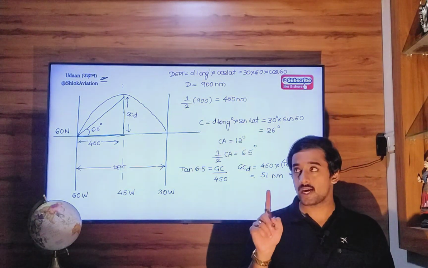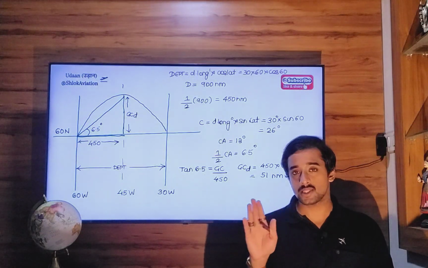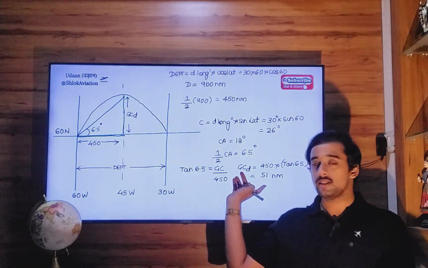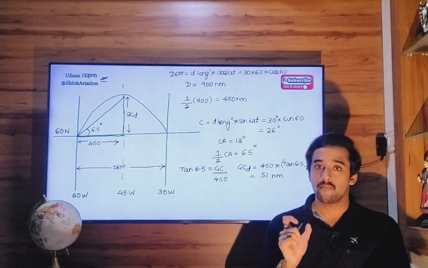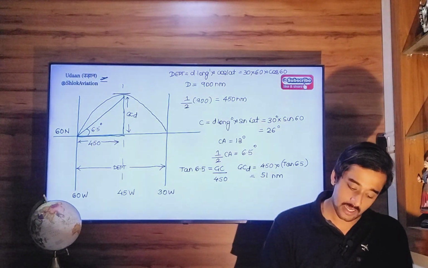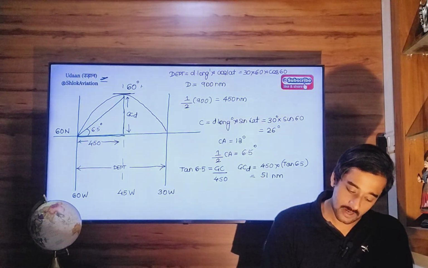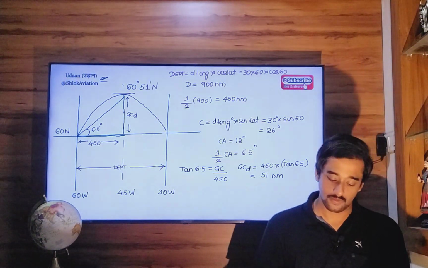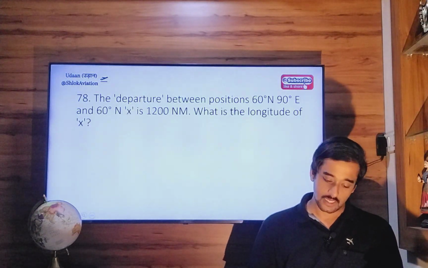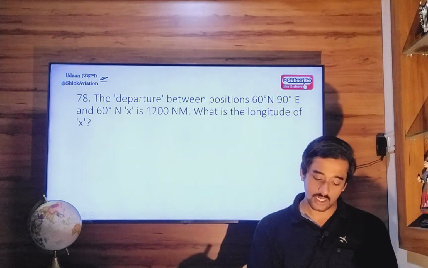Now 1 minute of latitude is 1 nautical mile. So 51 miles will be equal to 51 minutes. So this latitude will be equal to 60 degree 51 minutes north. Next. Departure is given. What is the longitude?